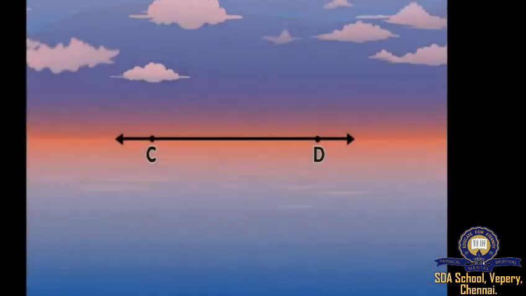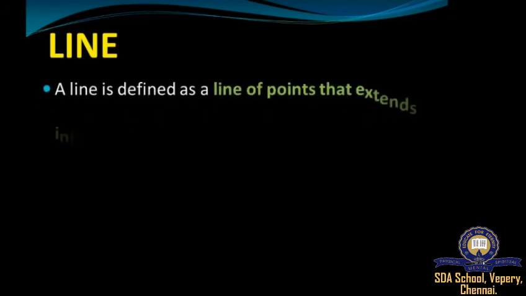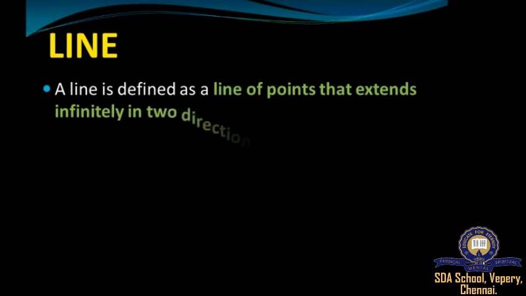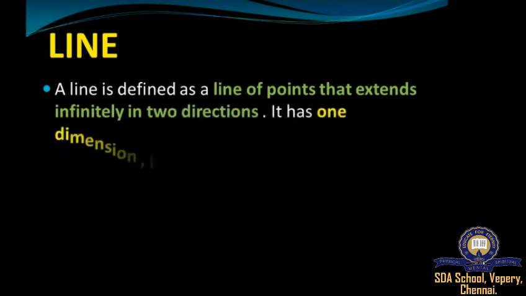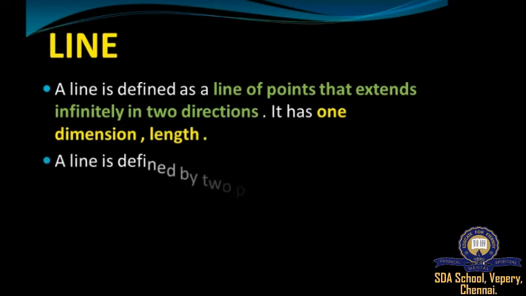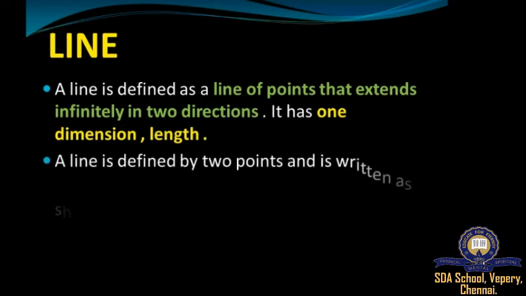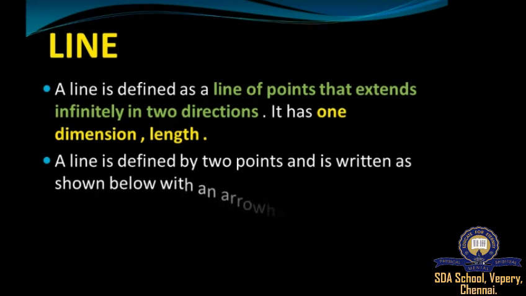Next we moved on to lines with the help of an example. A line is defined as a set of points that extends infinitely in 2 directions. It has only 1 dimension, that is length, and a line is generally represented with an arrowhead.